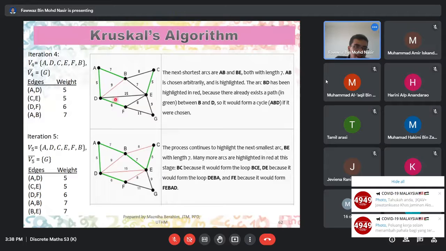Okay, then kita cari lagi yang mana yang have the smallest weight. Okay, so kita boleh identify dalam case ni BE, okay, sebab dia 7 kan. So kita tulis BE dalam kita punya list.